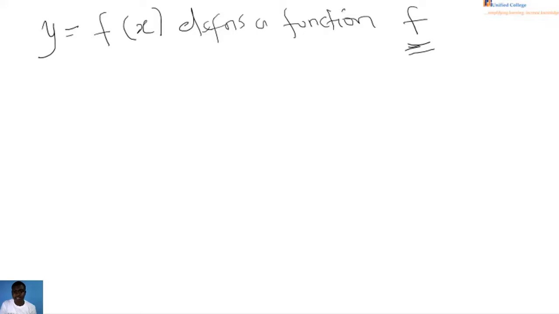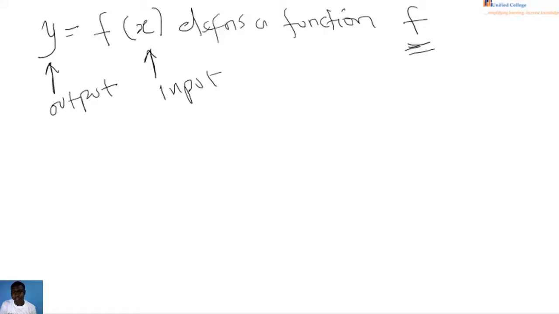This is read as y is a function of x. The letter x represents the input into this function, or the independent variable. The letter y represents the output, or the dependent variable, as the case may be.